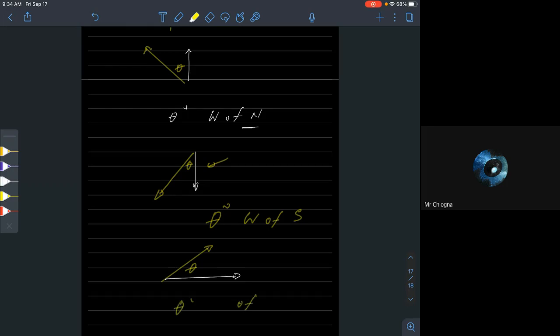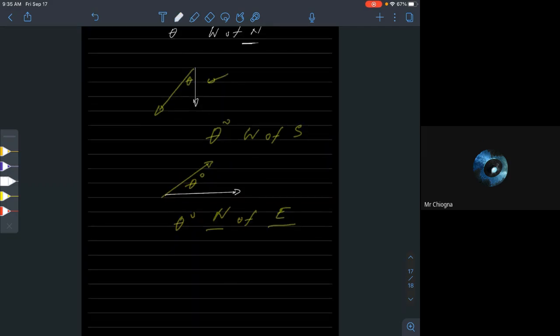Theta degrees. Which way is the white arrow? East, west? East, good. So which way is the yellow arrow leaning? Yeah, north of east. One more.